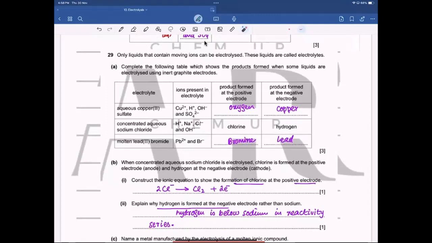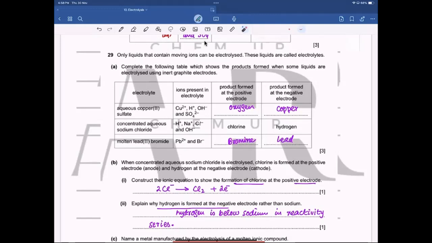Right? So, chlorine is formed at the positive electrode, they have told you as well, and hydrogen at the negative electrode. Construct the ionic equation to show the formation of chlorine at the positive electrode. We have practiced these equations in the last class as well. Is this clear? Yes.